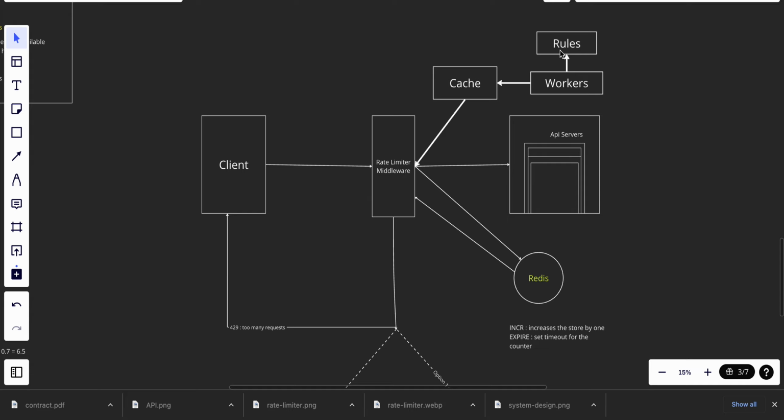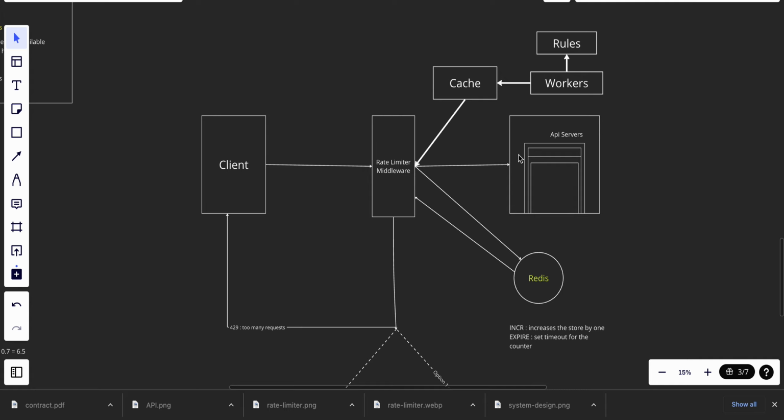We store the rules on disk, and workers pull the rules and store them in the cache. When the client sends a request, it is directed to the rate limiter first, before it goes to the server.